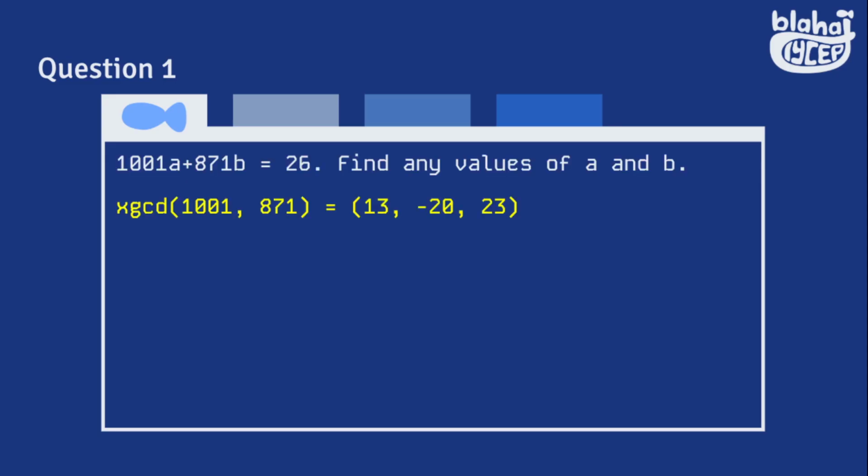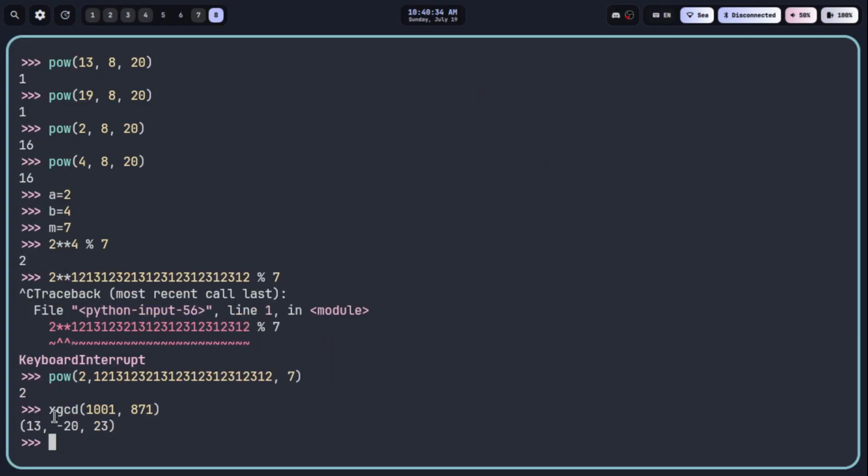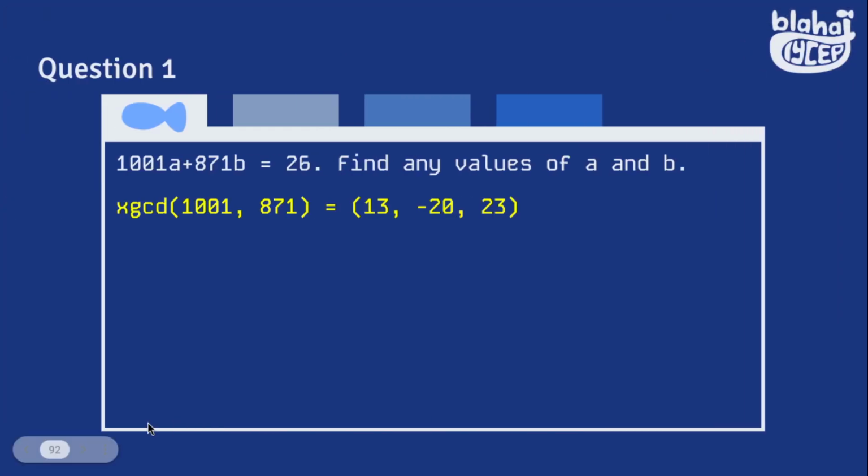We remember that XGCD finds values of x and y such that xa plus yb equals the GCD of a and b. Going back to the question, we have the two numbers that we know, and on the right-hand side it's not our GCD, but if we take the GCD of 1001 and 871, we get 13, which is 26 divided by 2. So let's keep this in mind, but we can infer that we want to solve for the multiple.